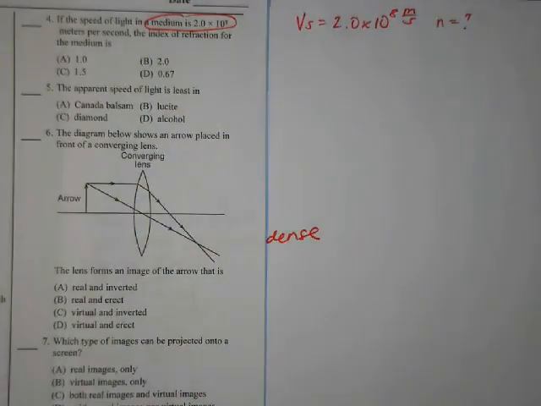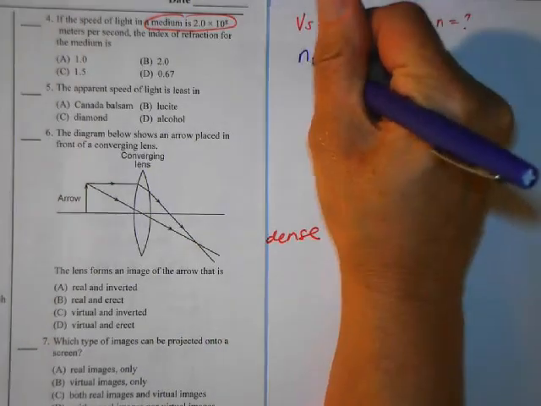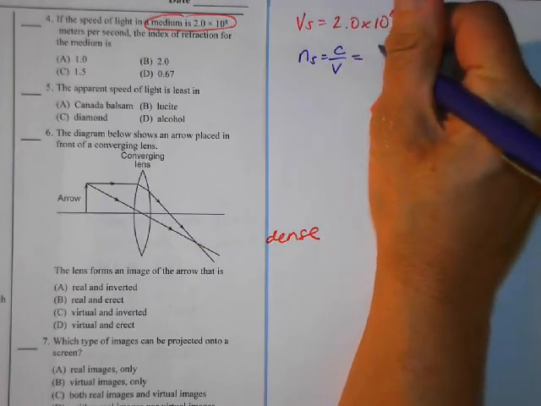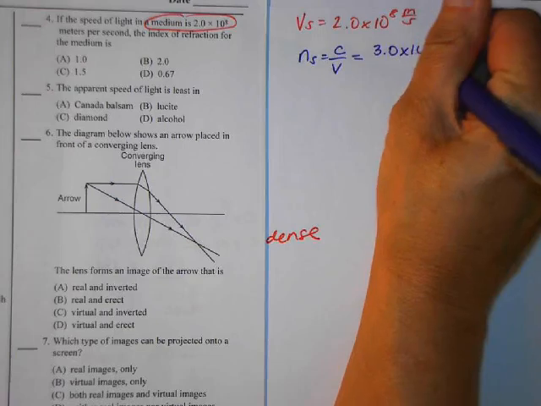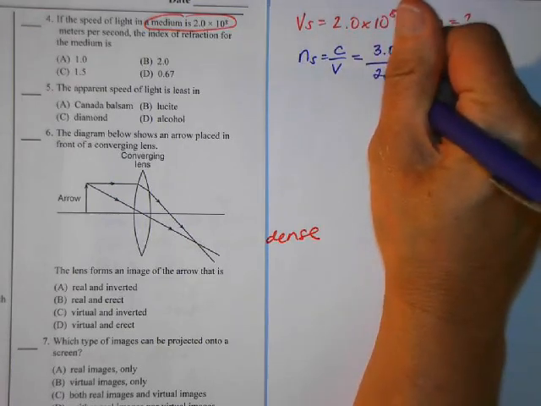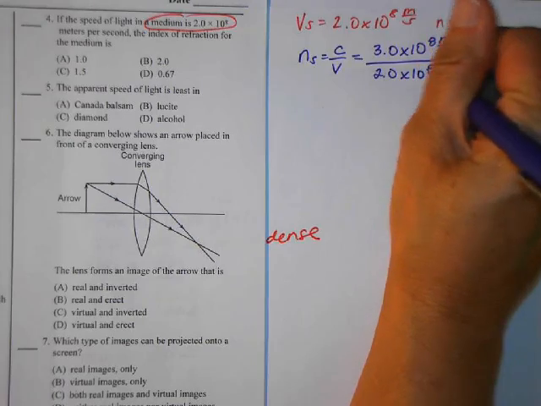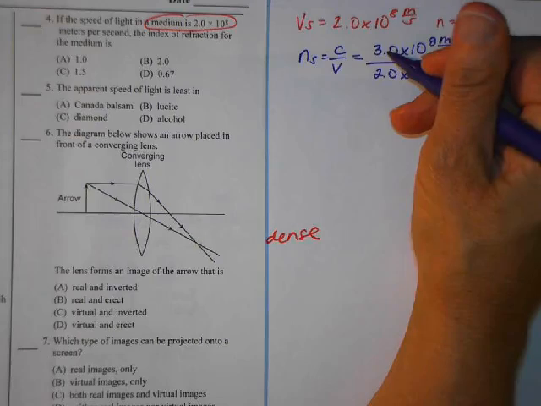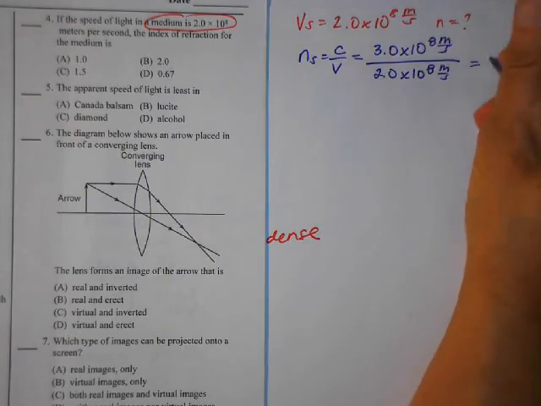The equation that we're going to use is n of a substance is c over v. This is the speed of light in a vacuum, 3.0 times 10 to the 8 meters per second, divided by the speed of light in a substance. You don't even need a calculator because these are the same exponents. 3 divided by 2 is 1.5.